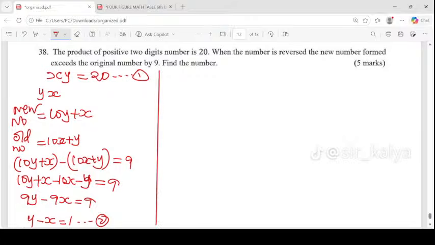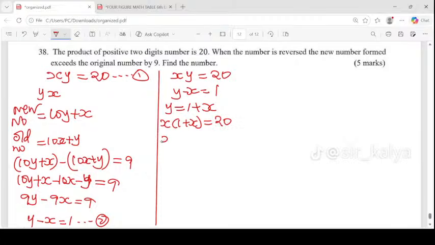So I have xy being equivalent to 20. Then I have y minus x being equivalent to 1. So this means y is equivalent to 1 plus x. And if this is the case, then I can have x into 1 plus x is equal to 20.